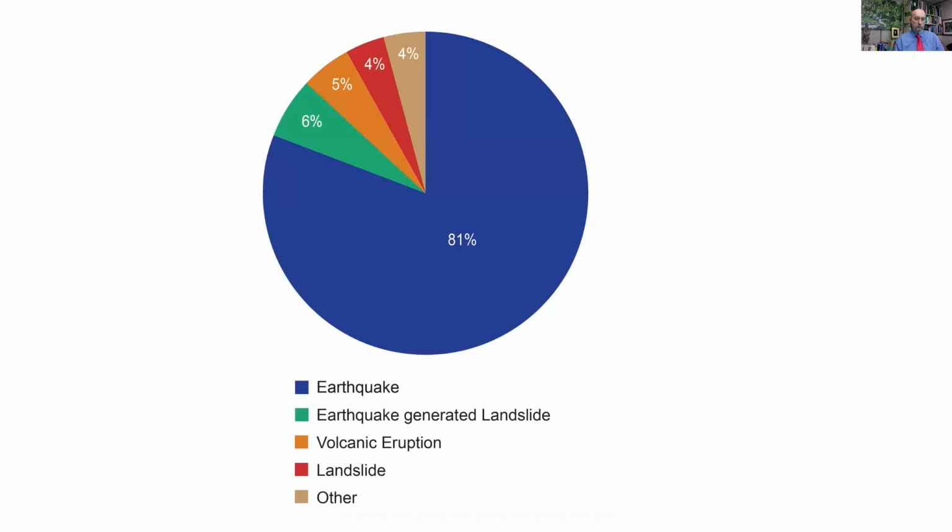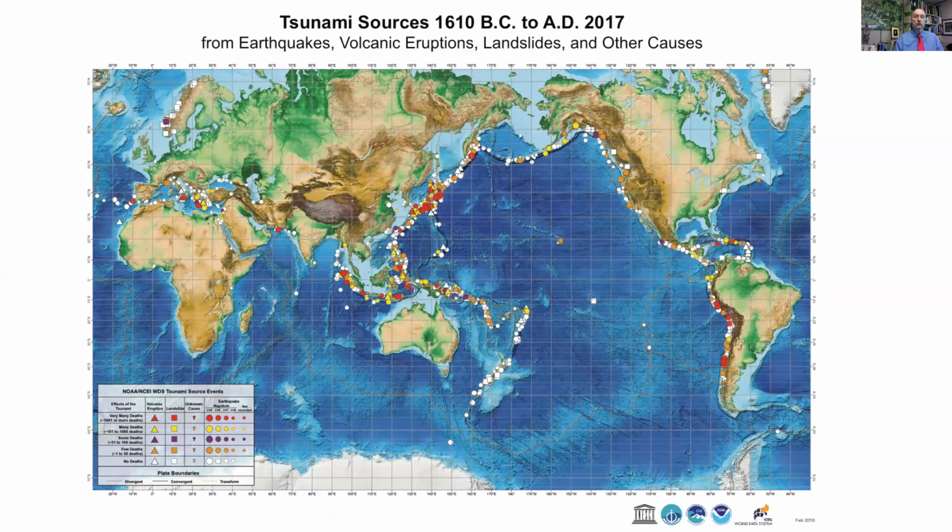So you saw this summary diagram before, which is the distribution of the tsunami causes, 81% being due to earthquake and the other 19% having these other causes. So now I can summarize by saying that tsunami sources are ubiquitous.